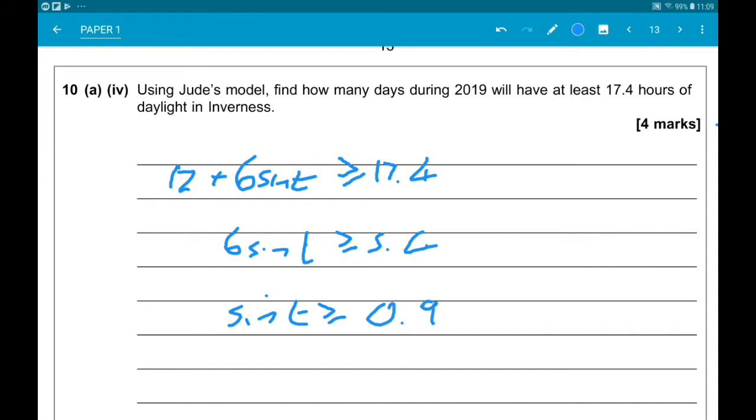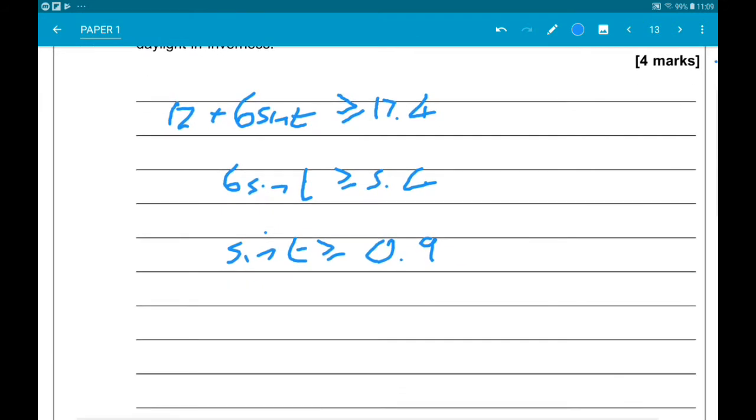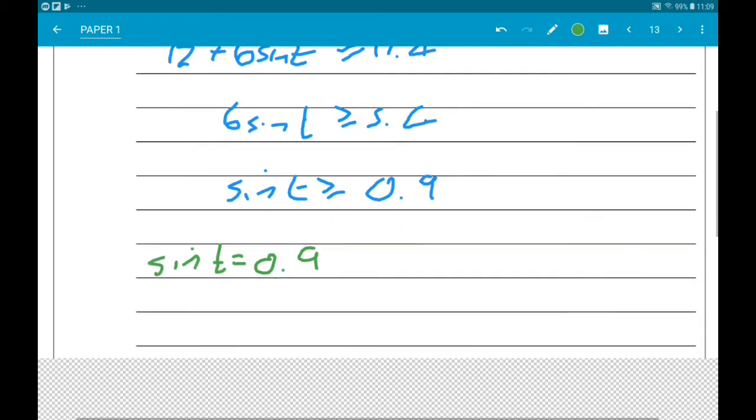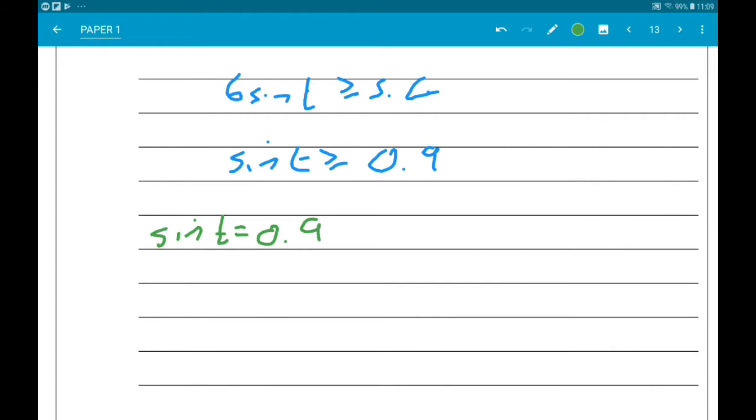Okay, so what we now want to find is where does sine of t equal 0.9. Now, if we inverse sine, we get 64.15, so t is 64.